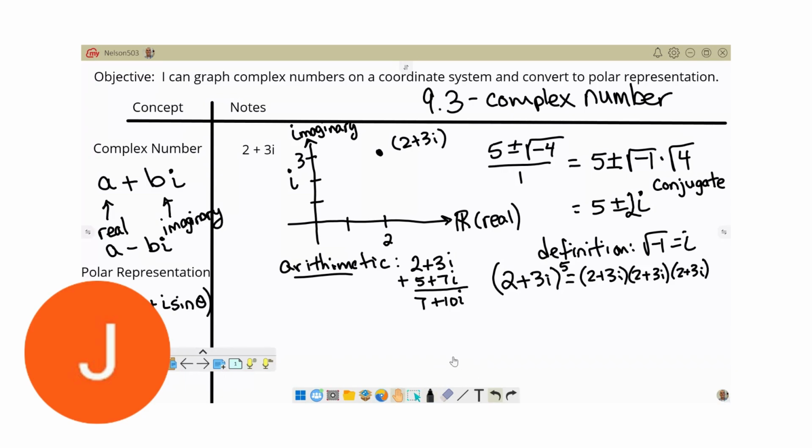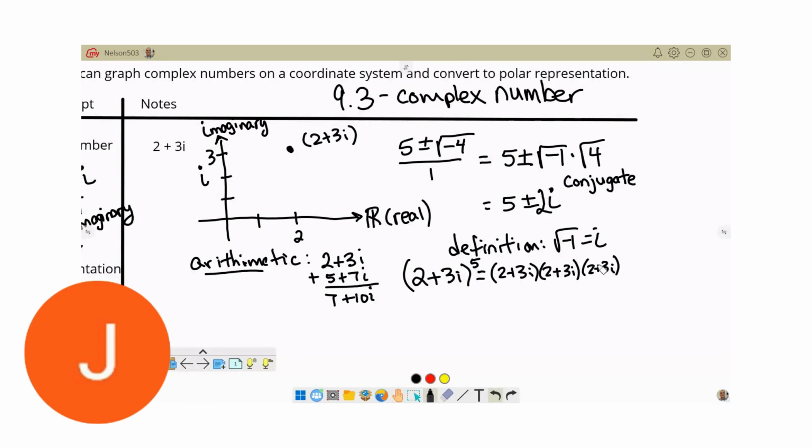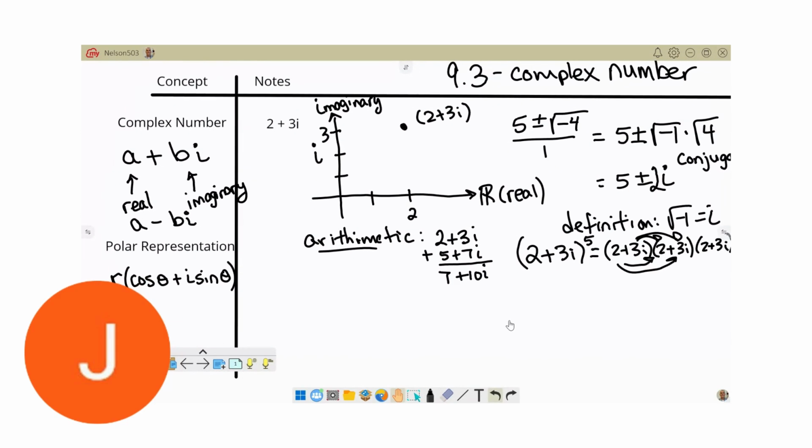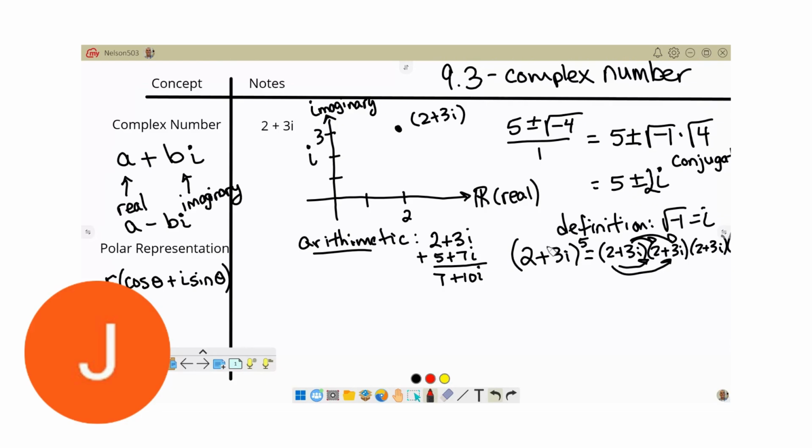Can you imagine distributing this and then adding all the like terms? It would be such a pain to do. So we need polar representation to do a problem like this.